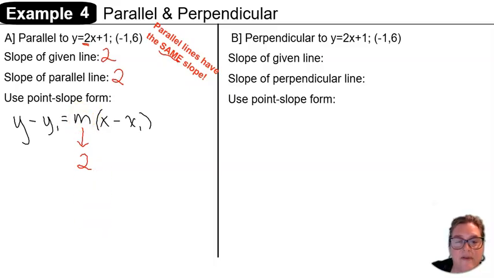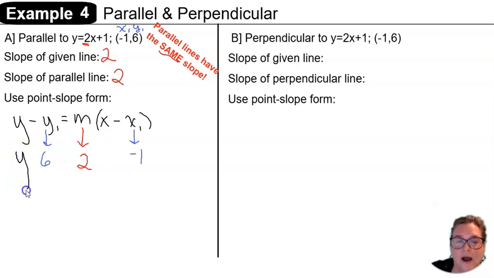Okay, then we know that the equation asks us for an x1, y1. That's a point on the line, and that was given to us as negative 1, 6. That's our x1, y1. So we're going to substitute negative 1, and we're going to substitute 6 into the point slope form of the line.